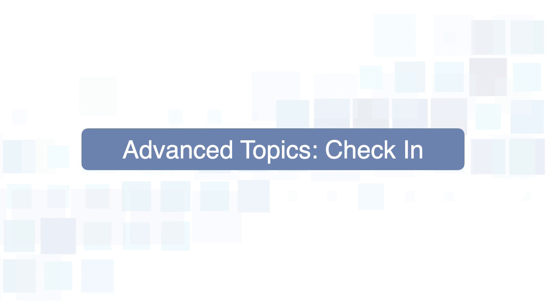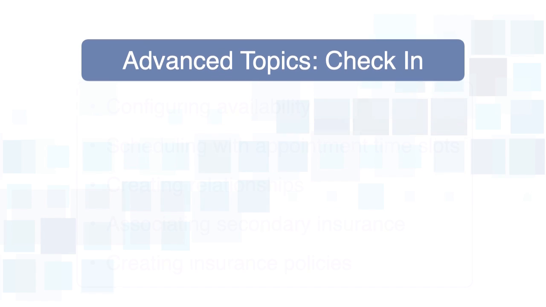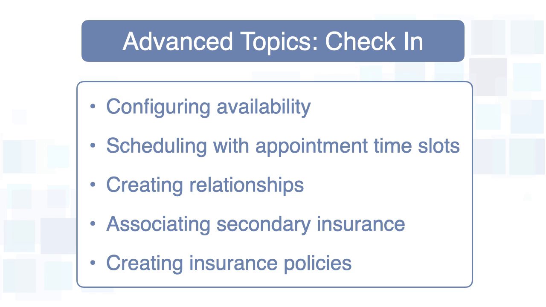So that's everything I wanted to cover for the check-in section. If you wanted to explore some more advanced topics, you could look into setting availability. So when I was on the schedule grid, you could see where people or chairs were available at different times, and that's something you could configure in practice settings. You could look into scheduling specific time slots within appointments as well.